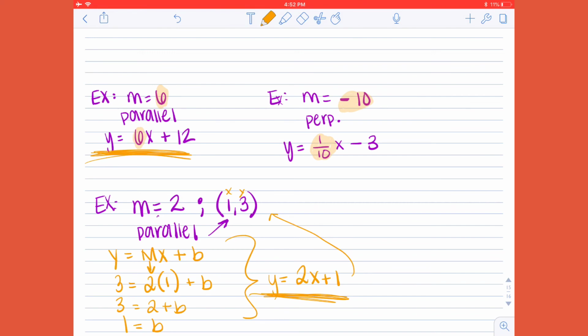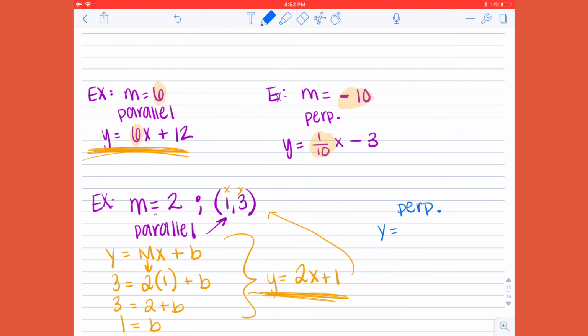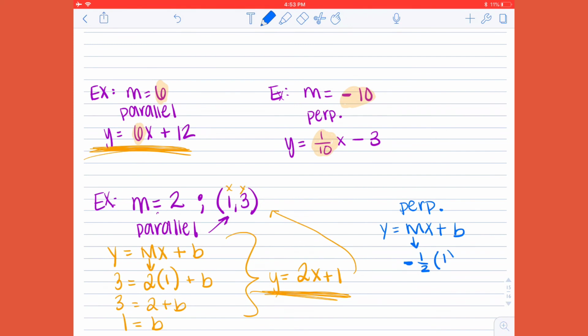And if I asked for a perpendicular line, you would do exactly the same thing. The difference is that you would need to show the difference in your slope. So I'd have my y equals mx plus b, and my slope would need to be the opposite sign and the reciprocal, so that'd be negative 1/2. But maybe I want to go through the point (1, 3) as well.